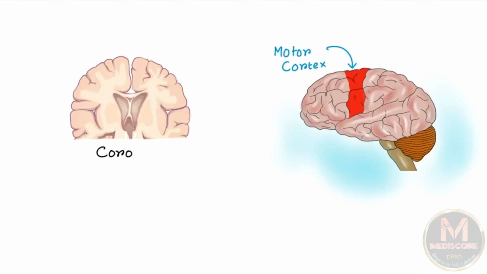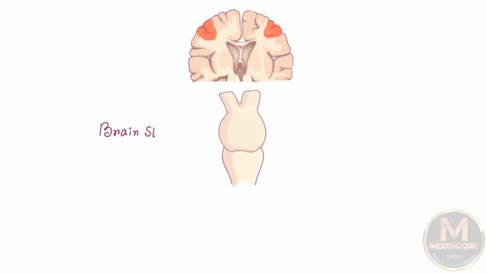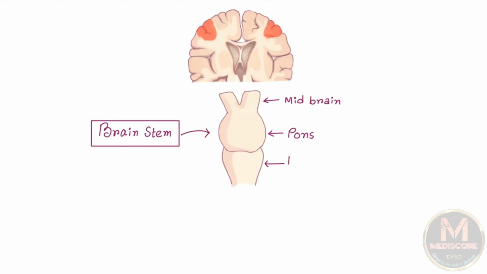So here we have the motor cortex represented in red color, and if we take coronal sections of the brain and look at this motor cortex, these give rise to upper motor neurons which will then innervate the facial nerve nuclei present in the brainstem. So we have midbrain, pons and medulla, and the facial nuclei are present at the lower pons.